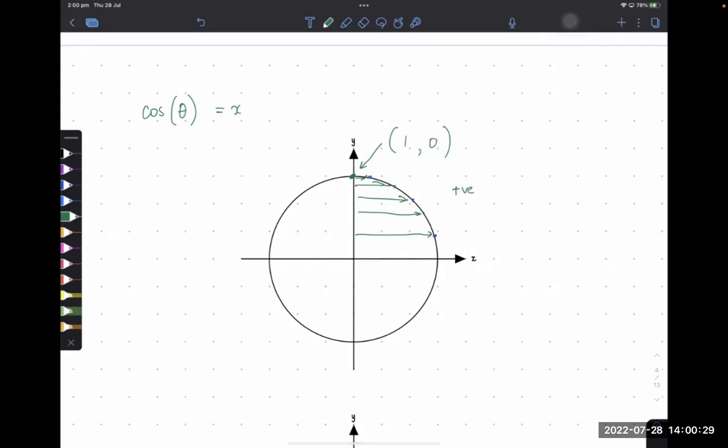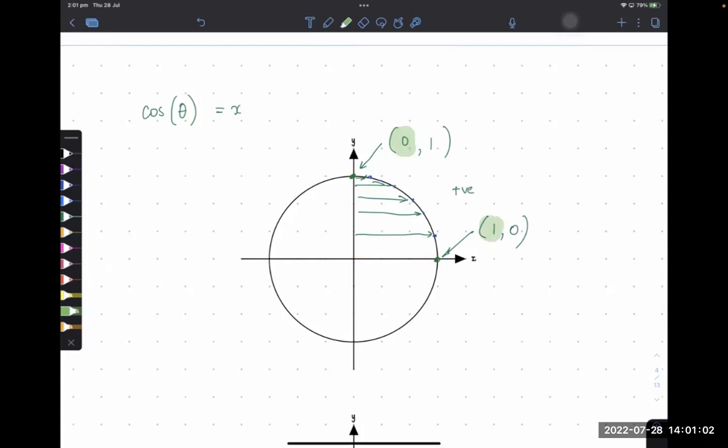Is it 1, 0 or 0, 1? 0, 1, okay. Since we're measuring cos, which one are we focusing on, 0 or 1? 0. So the x value here is 0. Same with this point here, which is 1, 0. So cos at this point is a positive 1.